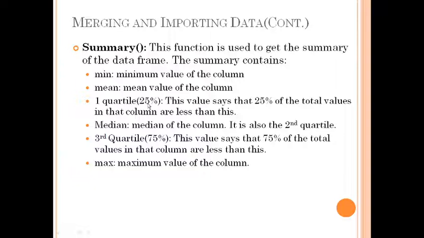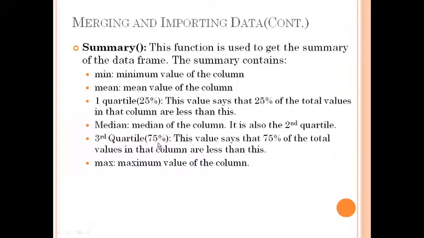Now this value says that 25% of the data in that column is less than this value, whichever value this will be. Median of the column, also known as the second quartile, says that 50% of the data is less than the median.